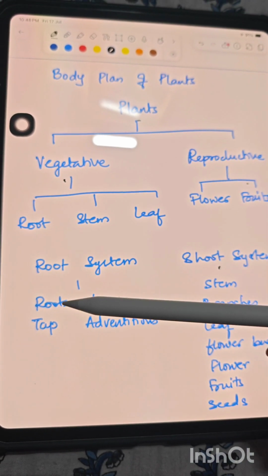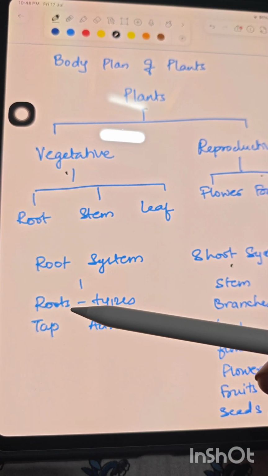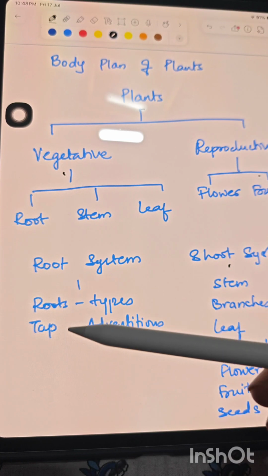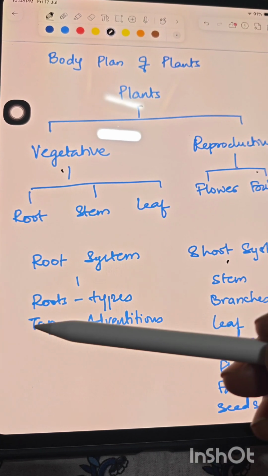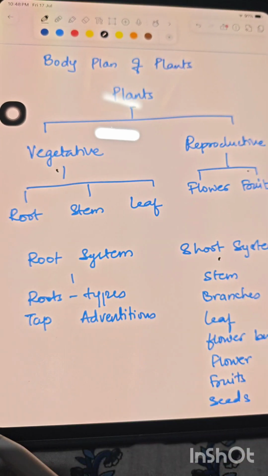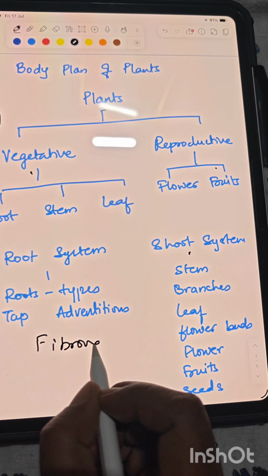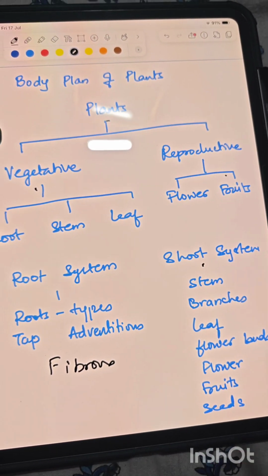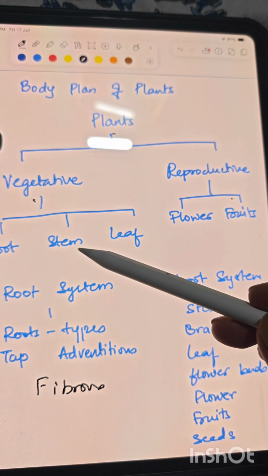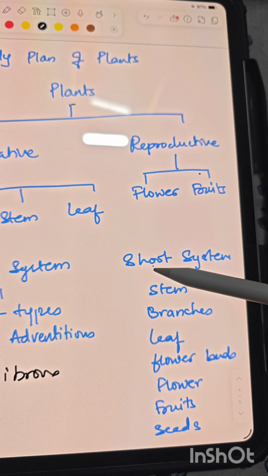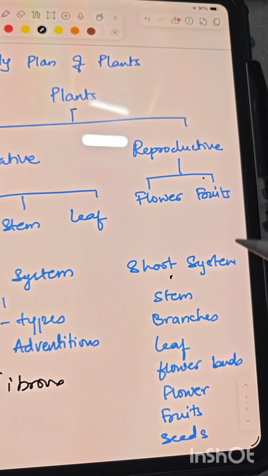If we go deeper into the root system, roots are the part which is underground, and based on structure there are two types, taproot and adventitious. One more is the fibrous roots, which is also a type. In the shoot system, as I said, the stems and leaves are there, but the shoot system also includes branches, flower buds, flower, fruit and seeds.